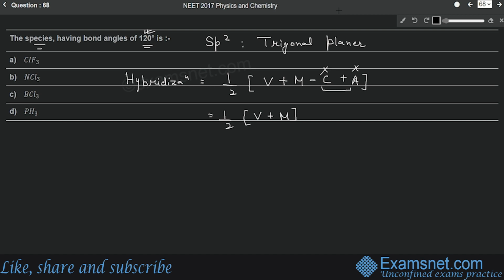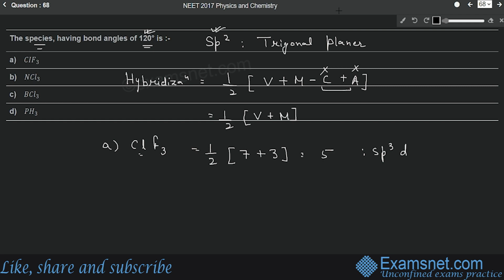So let's check. First one is ClF3. Here the central atom is chlorine, so half the number of valence electrons on chlorine will be 7 plus how many monovalent atoms are attached to it? 3. So half into 10, that is 5. So what will be the hybridization? Here it will be sp3d, that means it is not sp2.